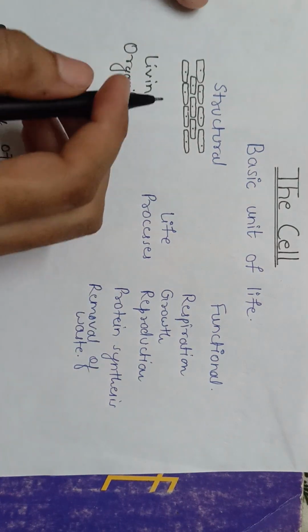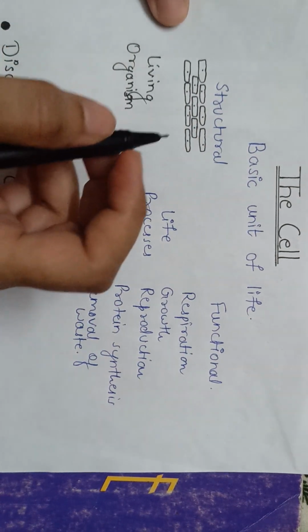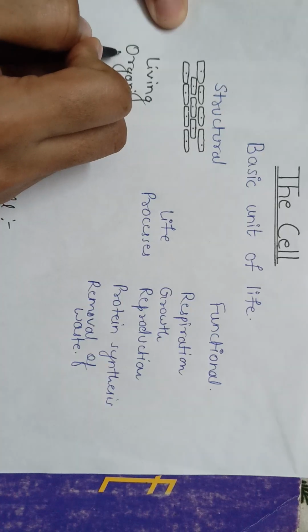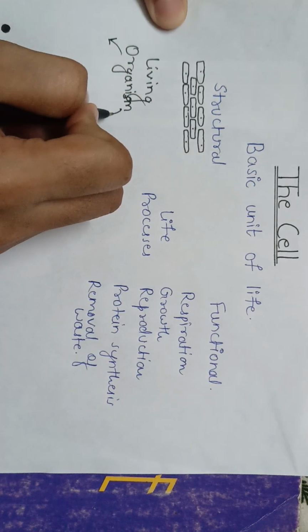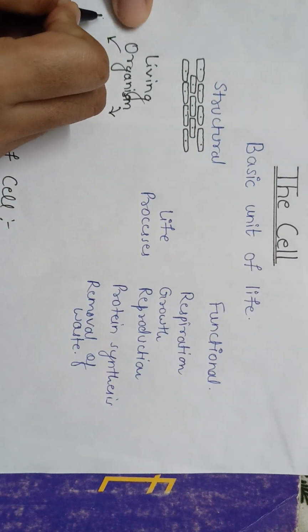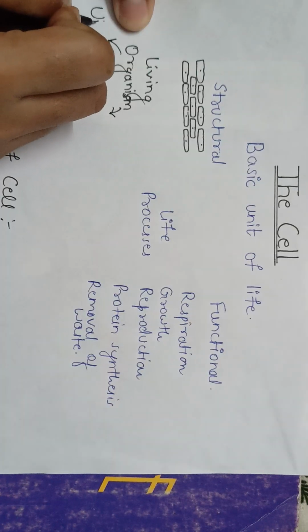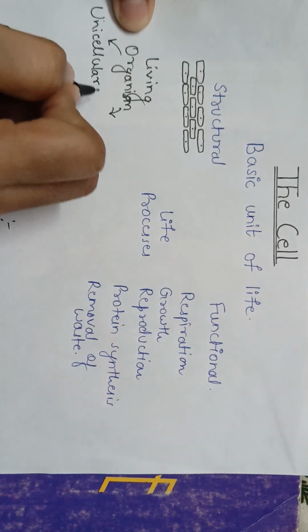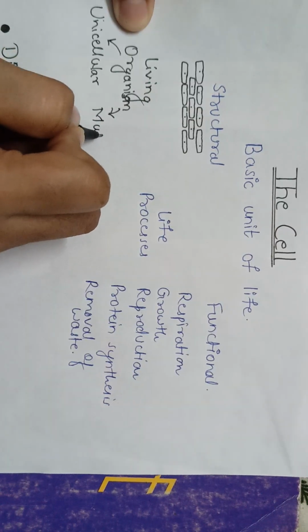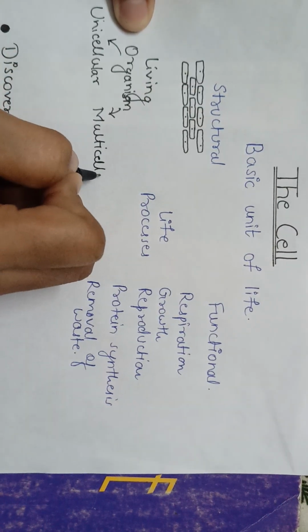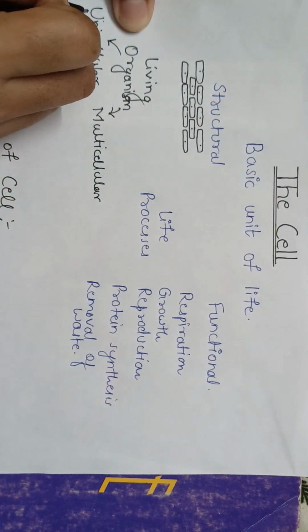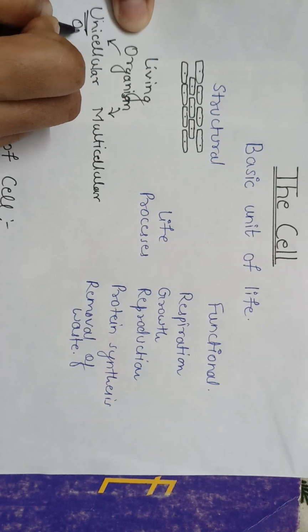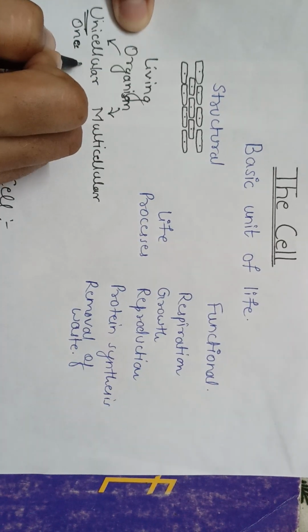So, if I want to classify living organisms on the basis of number of cells, there could be two types of living organisms. First are unicellular, another one is multicellular. Uni means one, single cell, one cell.